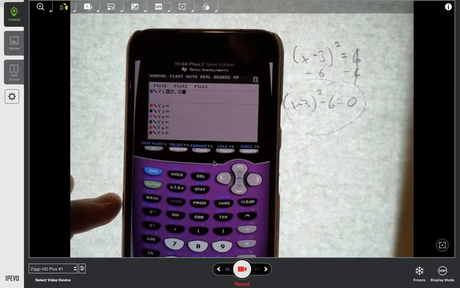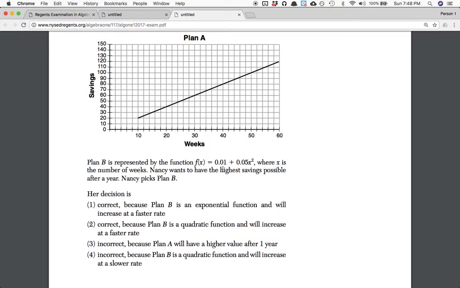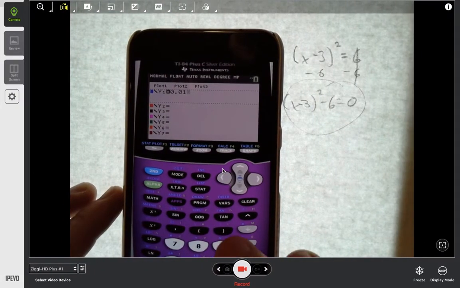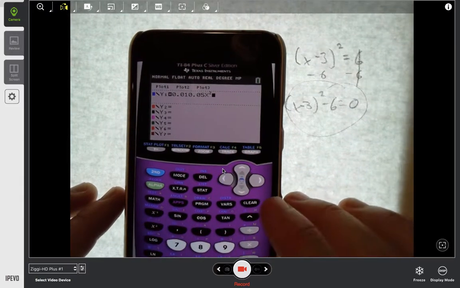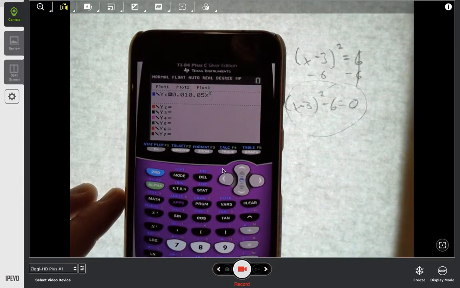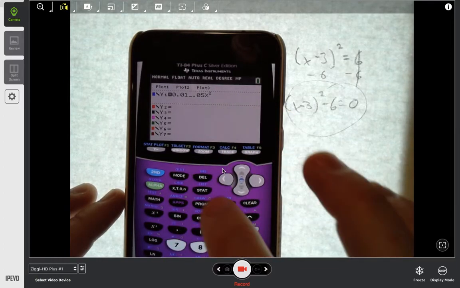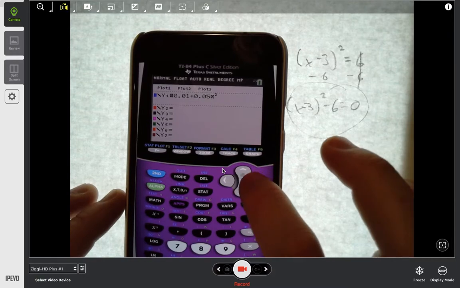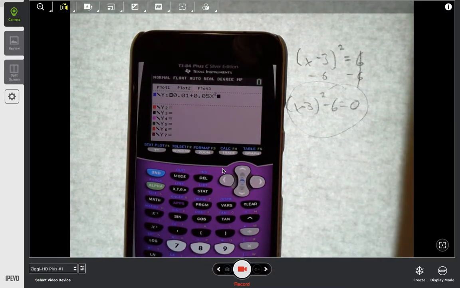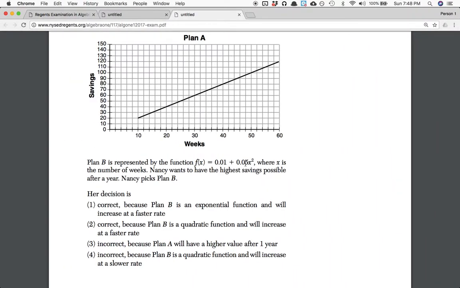It was 0.01 plus 0.05 x squared. And oh, geez, let's not forget that plus in there. Insert a plus sign. 0.01 plus 0.05 x squared.